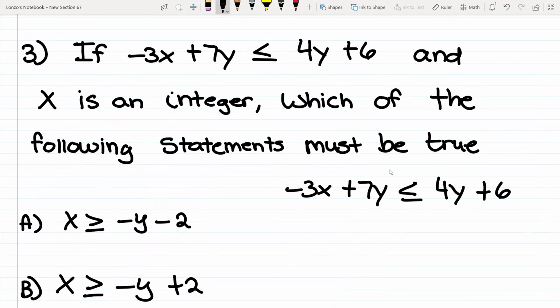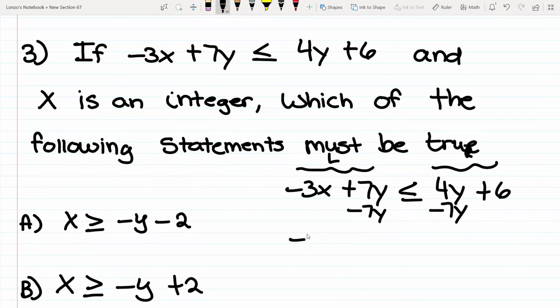So first, before I move things around, always check if you can collect like terms. On the left, you have an x and y. They're different letters, so you can't combine them. On the right, the same thing. You have a letter and a constant. They're different. So what I would do next is get all the y's on one side. So I'm going to subtract 7y.